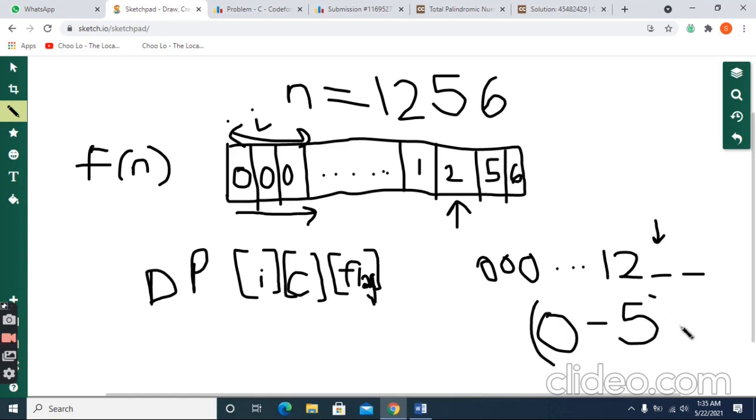Because if I fill a digit, let's say 6 or 7, anything greater than 5, then this number will actually be greater than my number n, and I do not want that. So if I have the number built till now as 1 2 dash dash, then the range of my next digit will only be 0 till whatever digit I have in my original number, which in this case is 5. I hope that is clear.